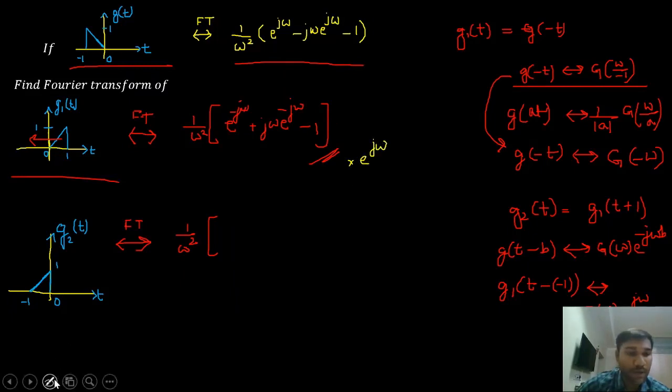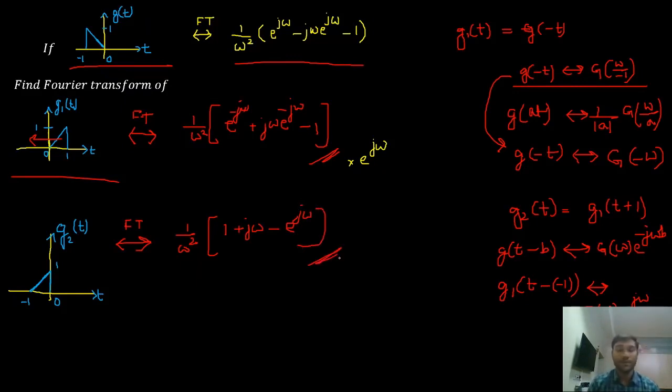I'm just multiplying it. So now e power minus j omega into e power j omega is 1 plus j omega, e power minus j omega into e power j omega, again 1 minus 1 into e power j omega is e power j omega. So this is my Fourier transform for the second signal.